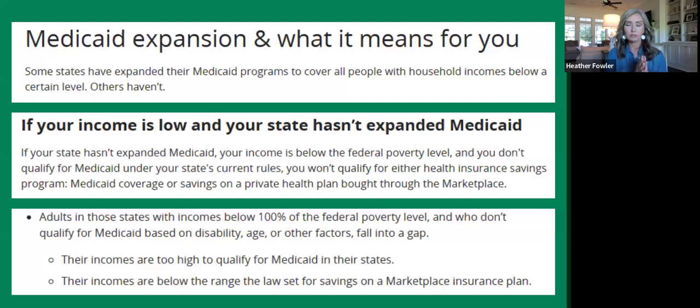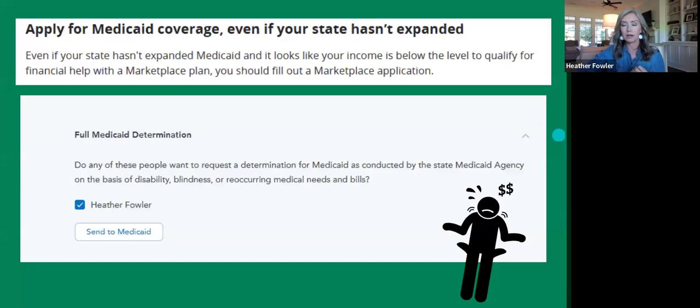You're going to have people whose income's too high for Medicaid, but they're not quite to that lowest level on the poverty chart in order to get the premium tax credits. And so they're falling into that gap. That is an unfortunate situation. I always hate it when I run into that with someone, because you always want to be able to help.